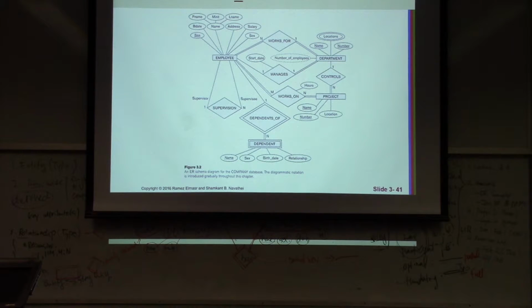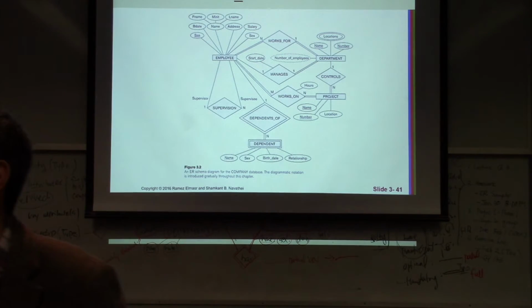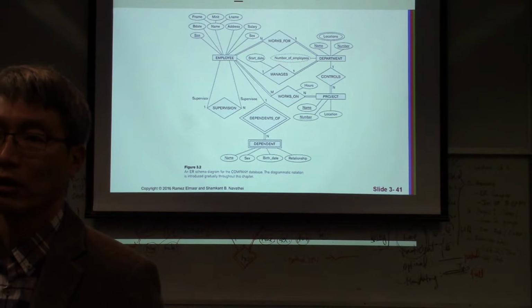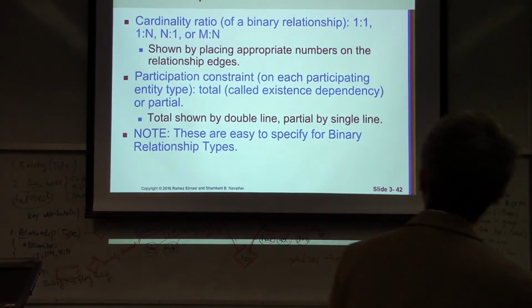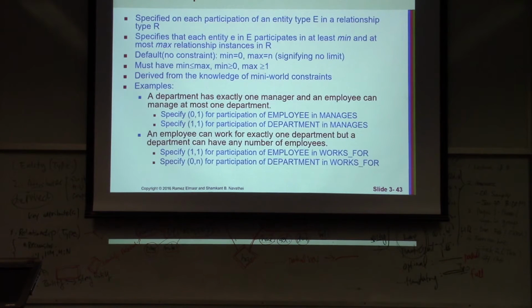It shows only many-to-many, many-to-one, and also optional or mandatory, full or partial. Sometimes you have very detailed constraints, conditions, and requirements. To address that problem, there is another notation called min-max notation.